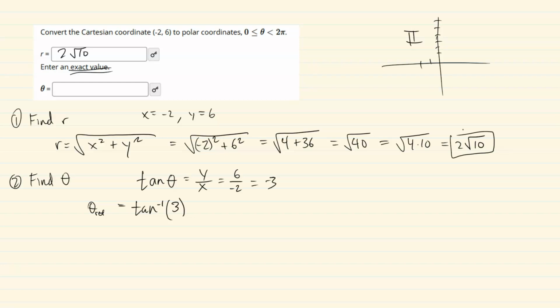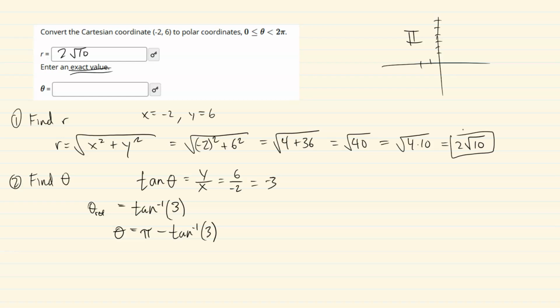So to make that adjustment, it wouldn't actually be straight up the inverse tangent of 3. We would have to find theta to be pi minus the inverse tangent of 3.